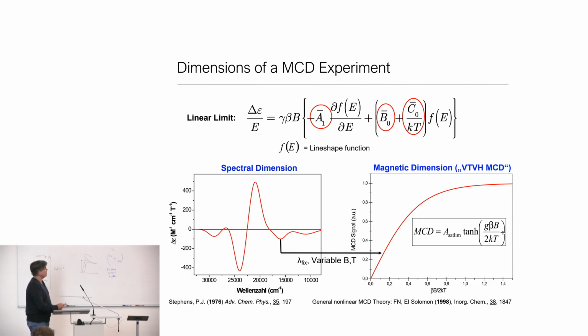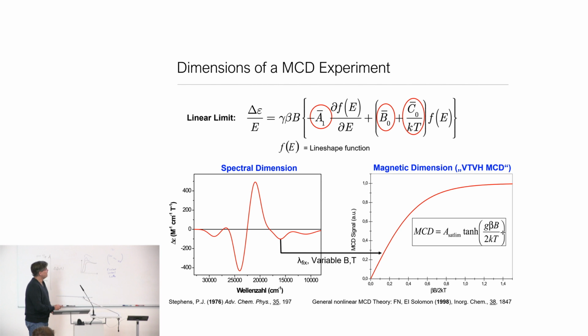And what you will get then is these isotherms, or these magnetization curves. So what you're plotting here is the MCD signal as a function of the dimensionless variable beta B divided by 2kT. And you've seen very similar curves in your lecture on SQUID magnetism, and this is very similar.